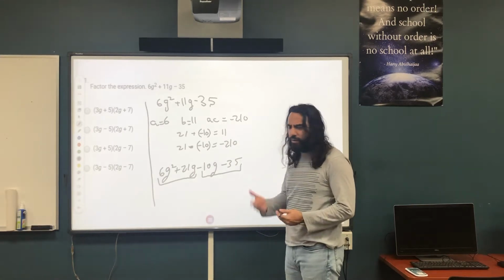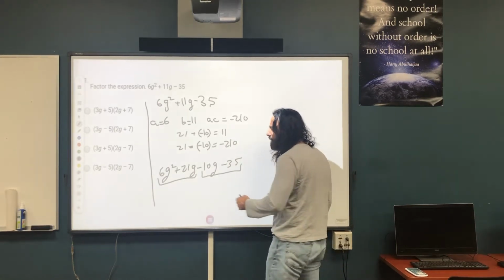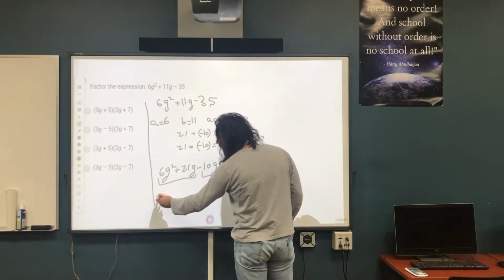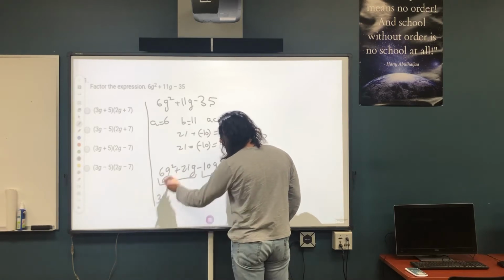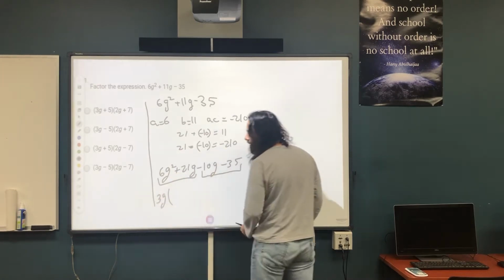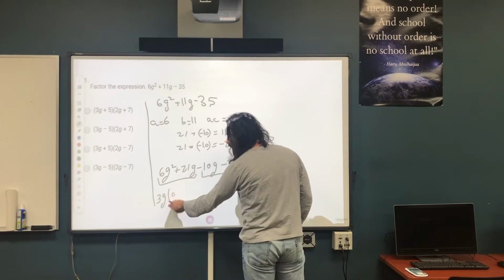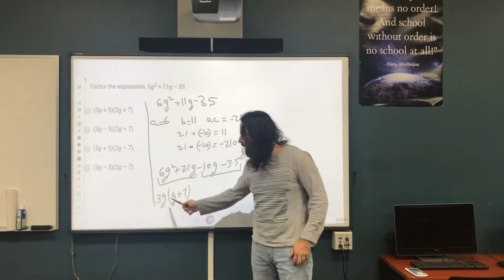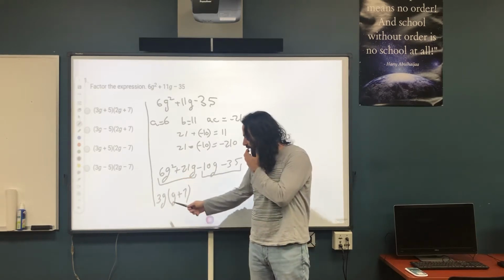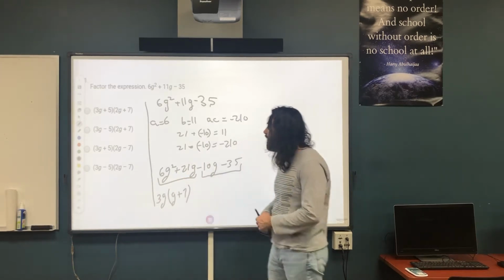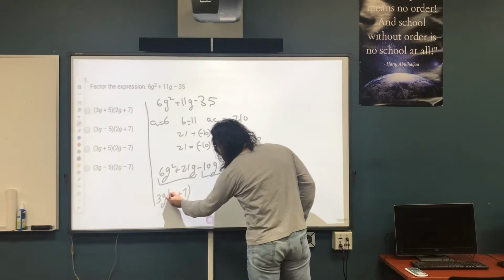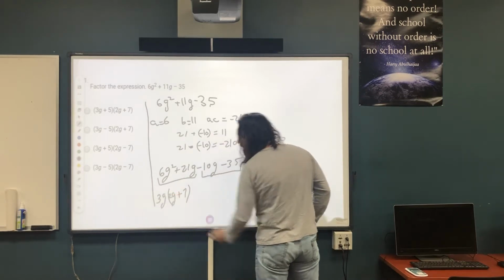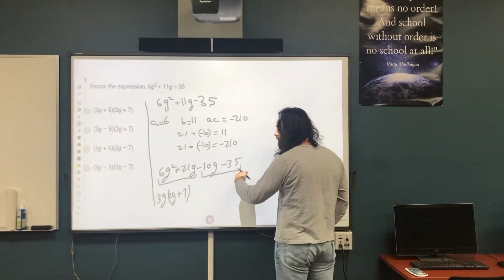The greatest common factor is 3g. Open parentheses, it's going to be 2g plus 7, because 3g times 2g is 6g squared, and 3g times 7 is 21g. Then minus 10g minus 35, the same thing.